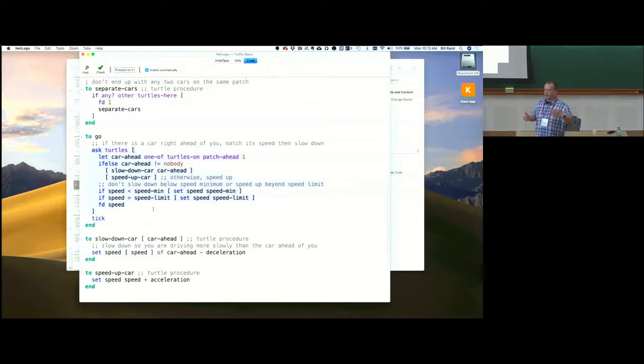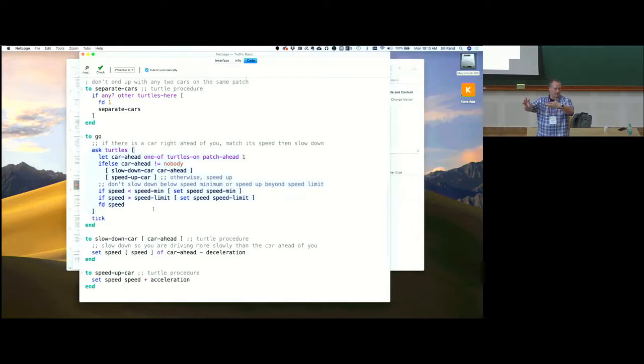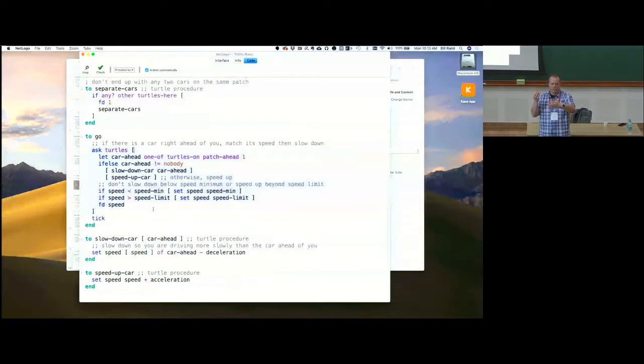So basically, all the cars are facing this way. And so patch ahead is going to be the patch that you're about to move on to. Give me one of the turtles off of that patch, right? So I'm just going to look at one of the cars. It really doesn't matter if it's the car that's closest to me or not. This is just a simple way of doing that, right? Because roughly they're all going to be about the same.